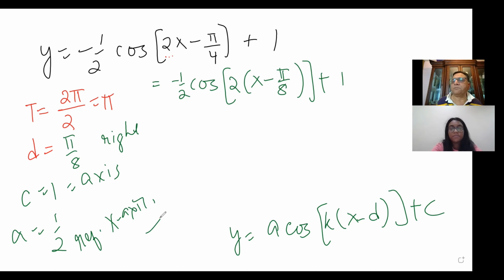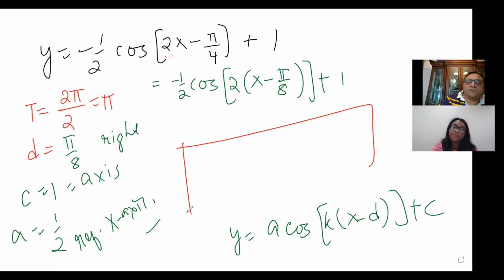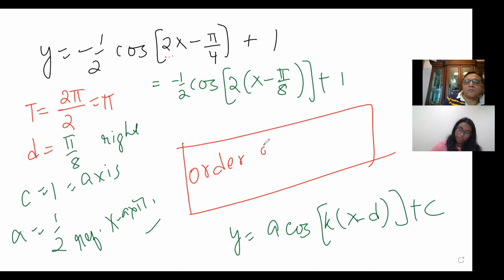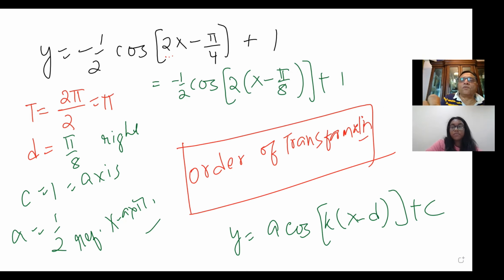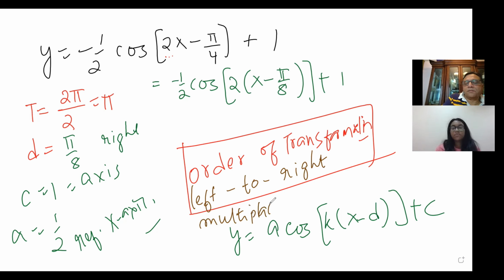Now here is a very critical point. You have to write transformations in a particular order. The order of transformation is very important. So let me write that here. Order of transformation. The order is, if you look at the equation, go from left to right, which basically means multiplication first, followed by translation.